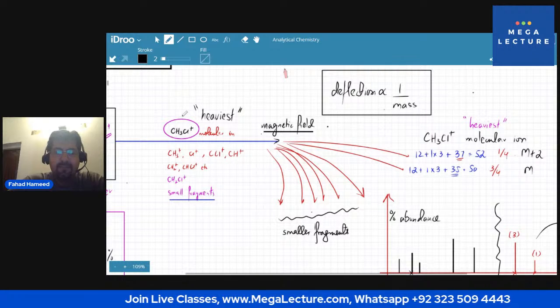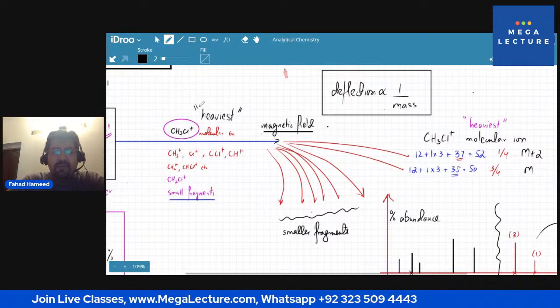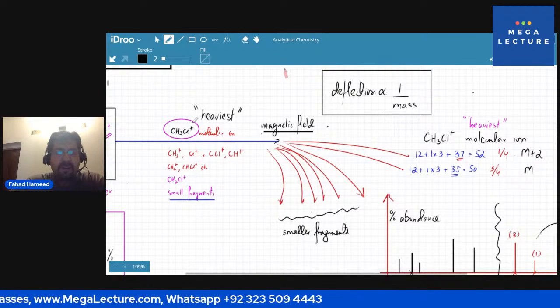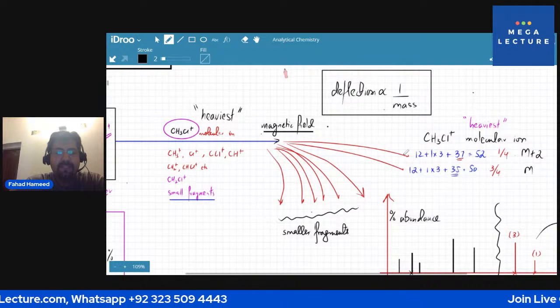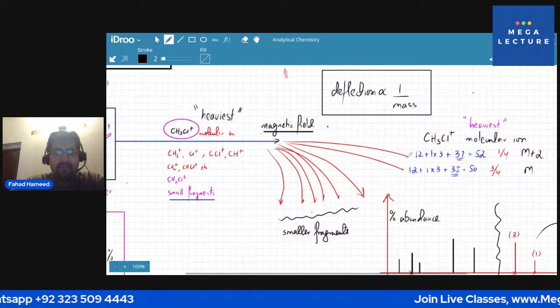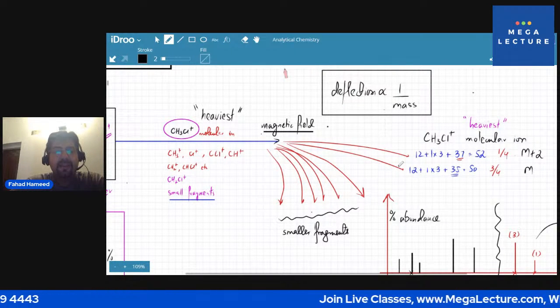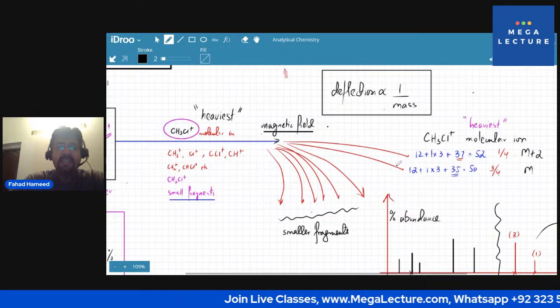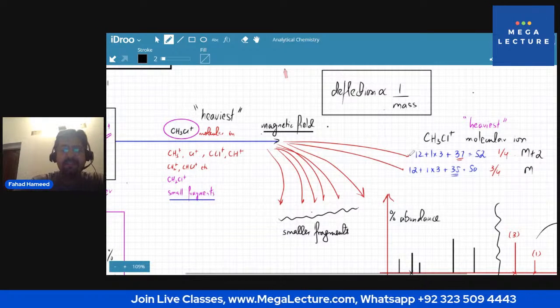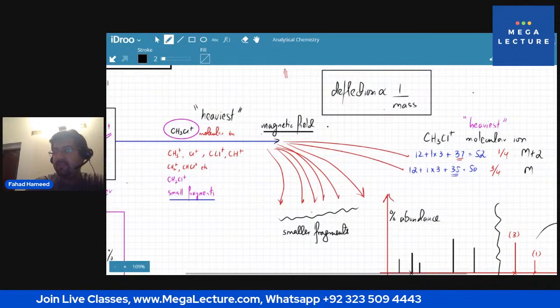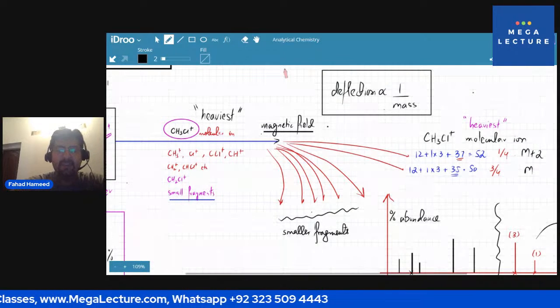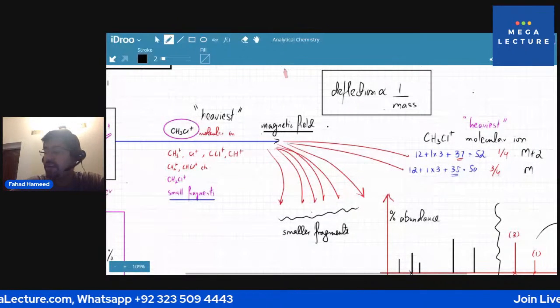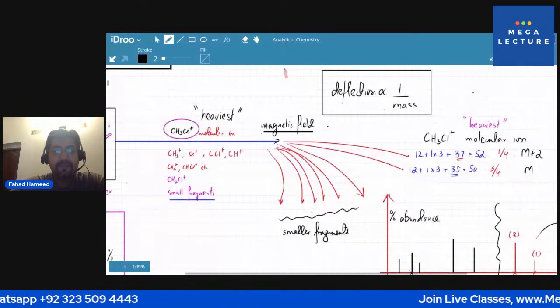But there would be 2 different particles that you would call your molecular ion. CH3Cl plus 1, there'll be 2 different detections. Why? Because one of the particles would be deflected more, it would be slightly lighter, and one would be deflected less, as it is going to be slightly heavier.